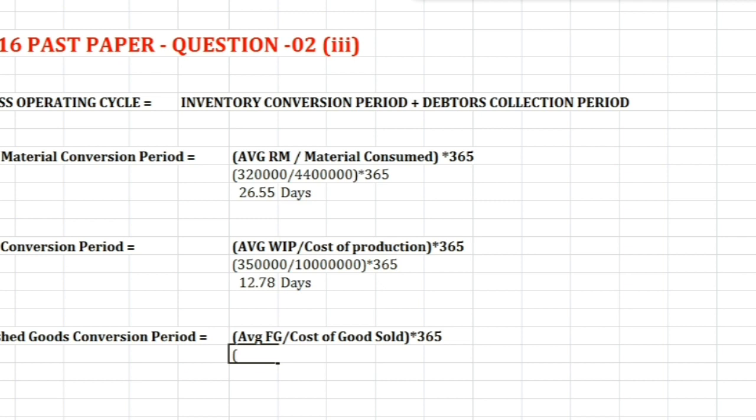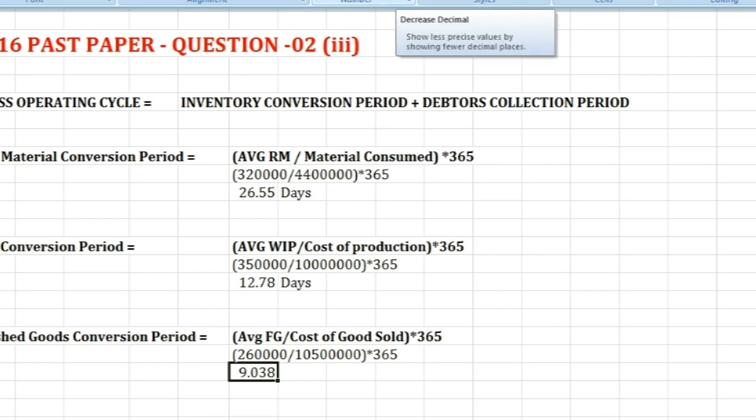Average finished goods 260,000 divided by cost of sales 10.5 million into 365 days. The final answer for the finished goods conversion period is 9.04 days.